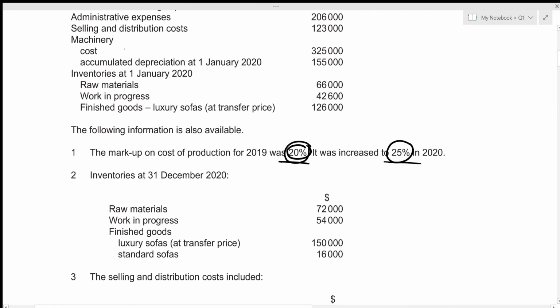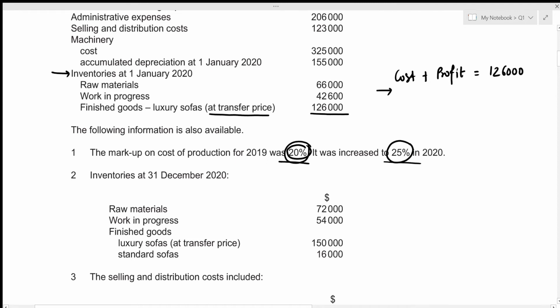So we are given our opening inventories right here. And we can see that the finished goods or the luxury sofas are priced at 126,000, and we can see that this is at a transfer price, which means that this is the cost plus profit, and this is equal to 126,000.